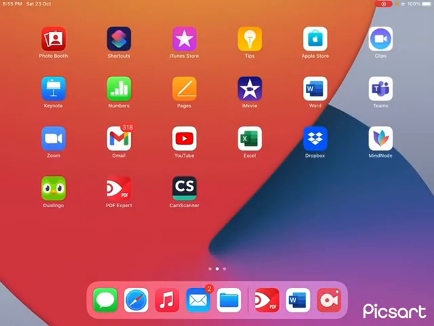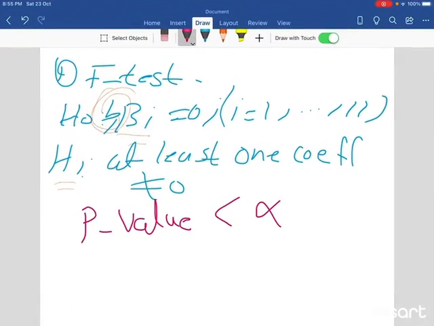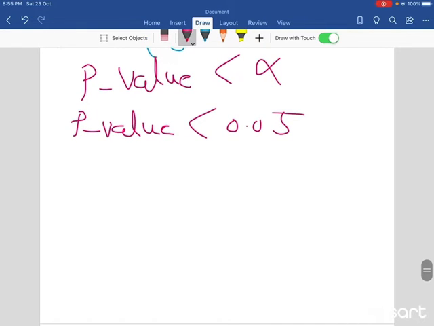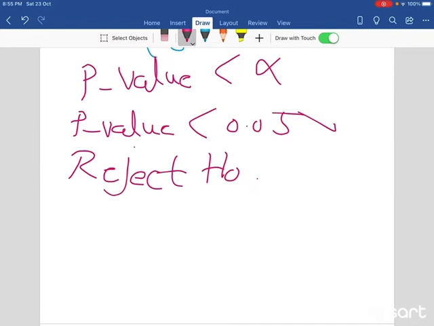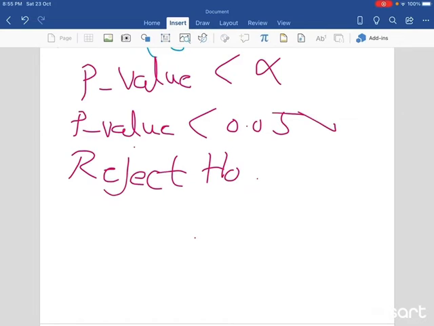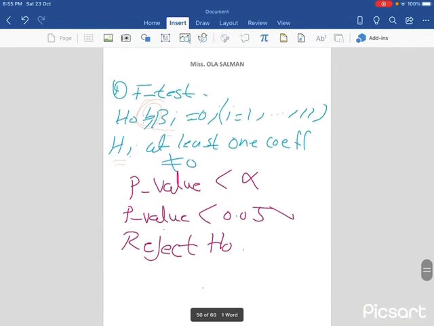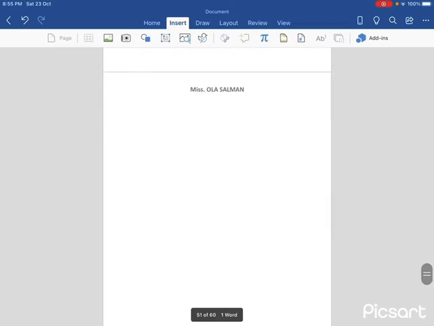So you will write: P value less than 0.05, yes it is. So you will reject H0. You will reject the null hypothesis. So this is the answer for 1. We will go for 2.